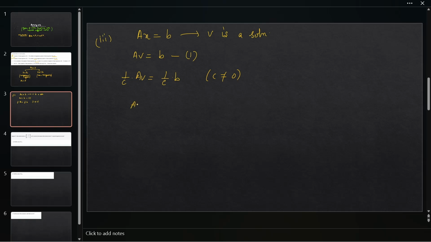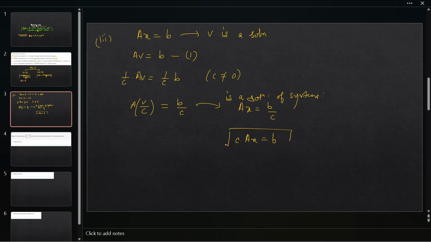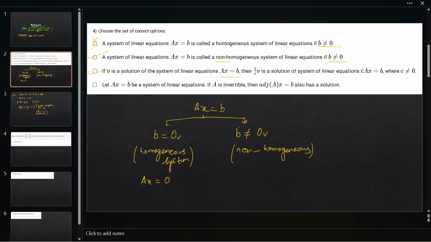We can pair up 1 by C and V together to make it V by C, and on the right hand side, we'll have B by C. So this means that V by C satisfies the system Ax equal to B by C. Now, I can write the same thing as C times Ax equal to B. That means V by C is a solution of the system C times Ax equal to B. So option number 3 is correct as well.